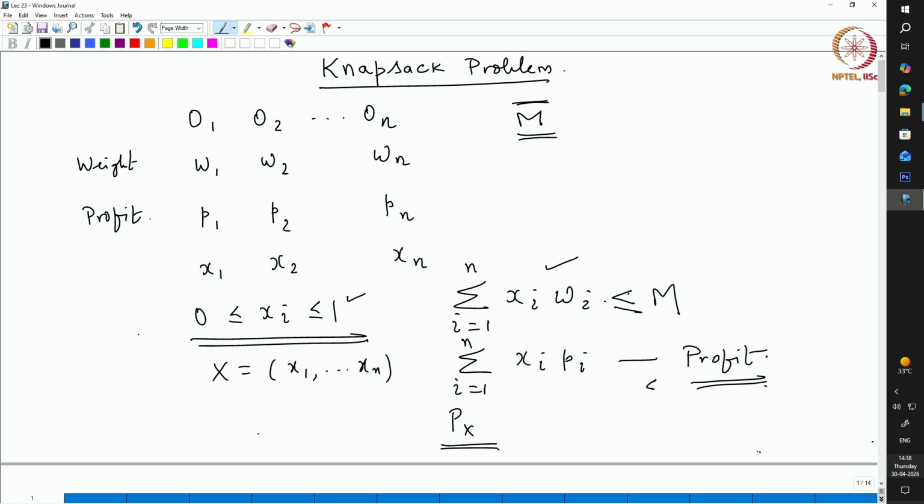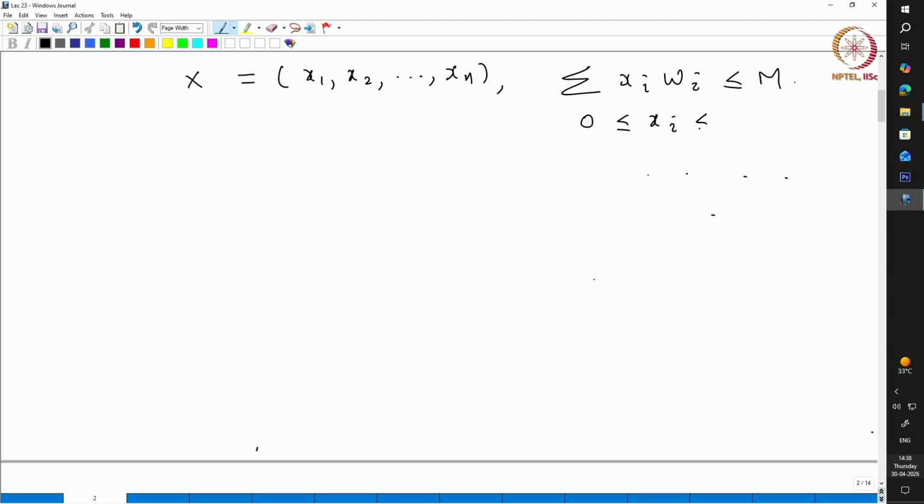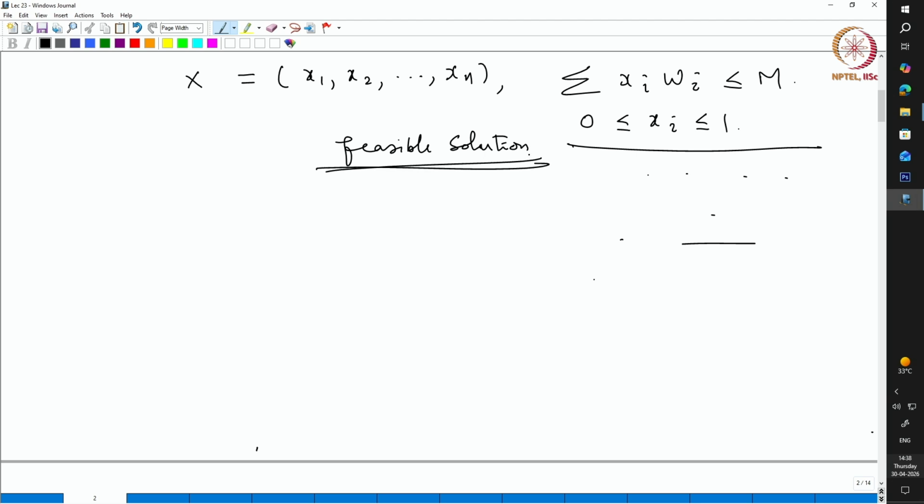Any x equals x1, x2, etc. xn with sigma xi wi less than or equal to m and 0 less than or equal to xi less than or equal to 1 is called a feasible solution.